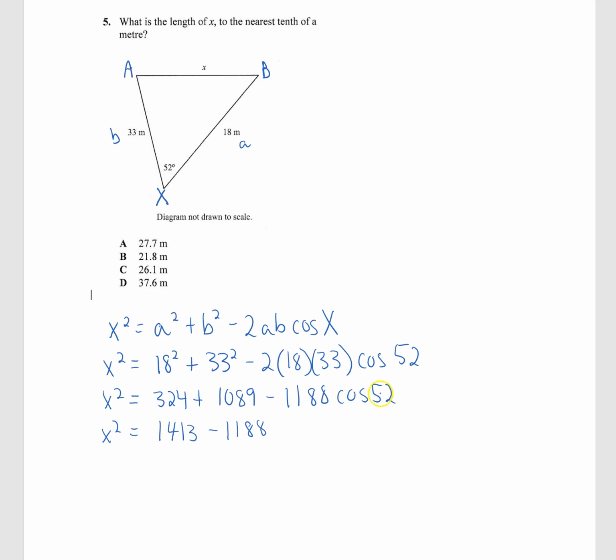And evaluating out cos of 52 gives us 0.61566, and that decimal goes on. So we're just going to round it for now. And so now multiplying these two values gives us 731.406.